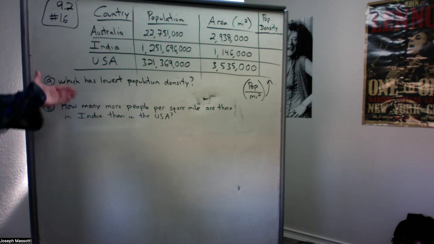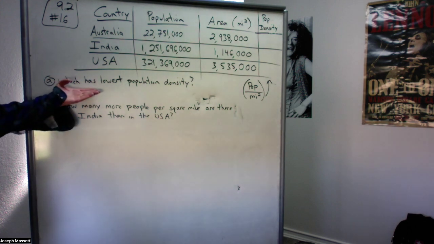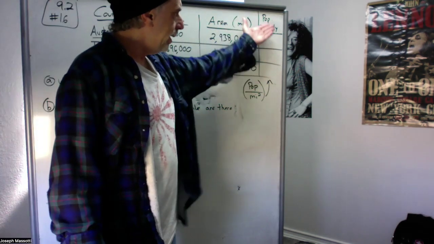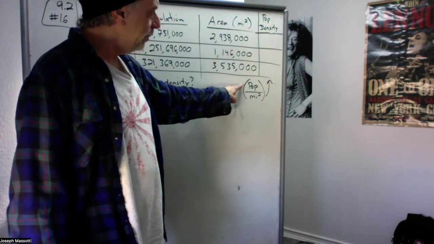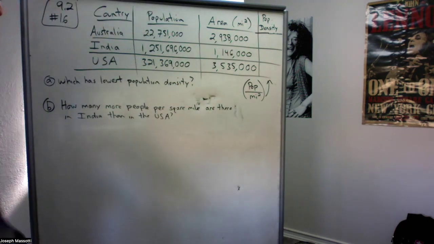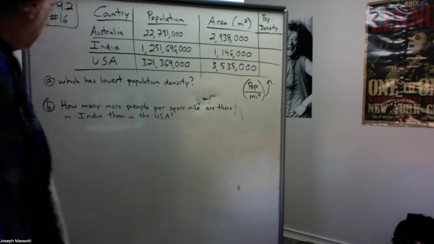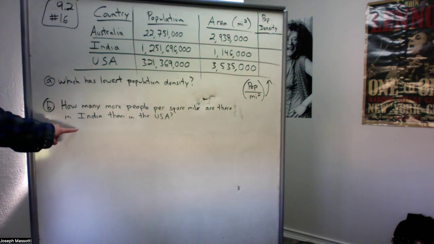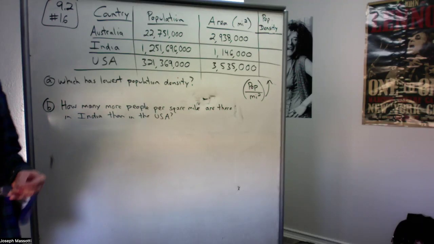And then it asks 2 questions. Which has the lowest population density? Population density is the population divided by the area, and that's going to tell you how many people per square mile. And then: how many more people per square mile are there in India than in the USA?